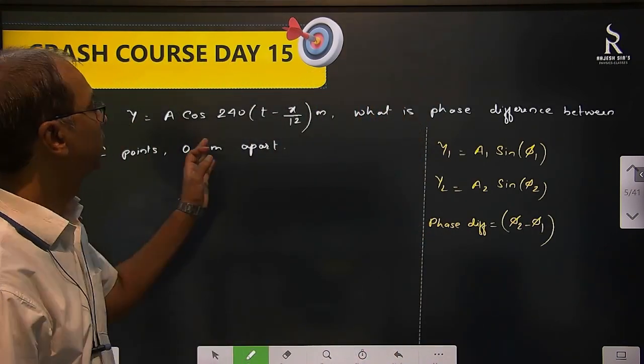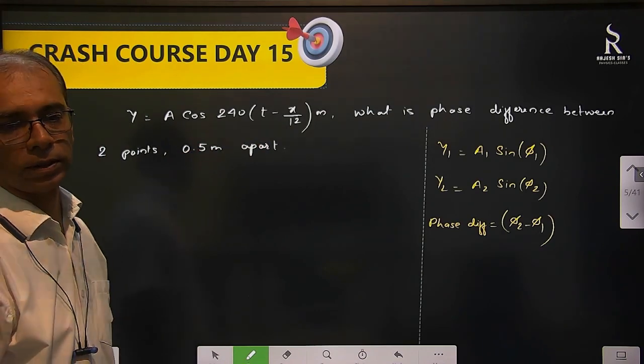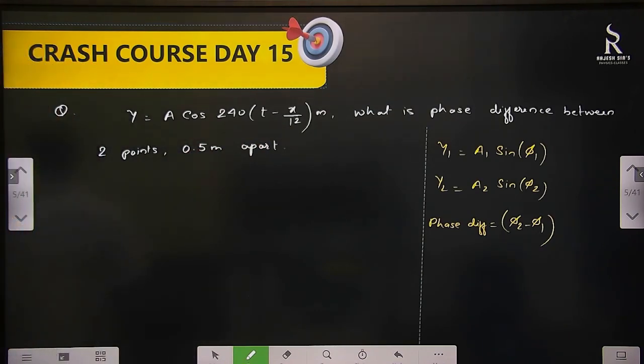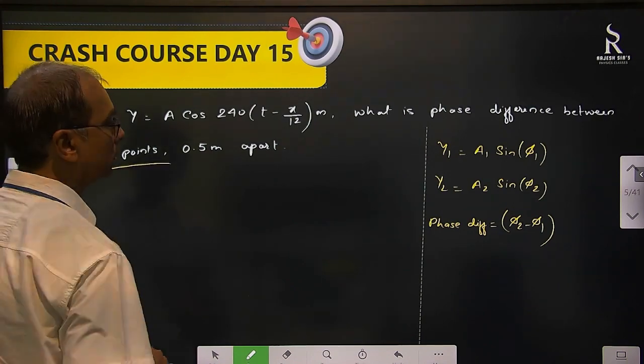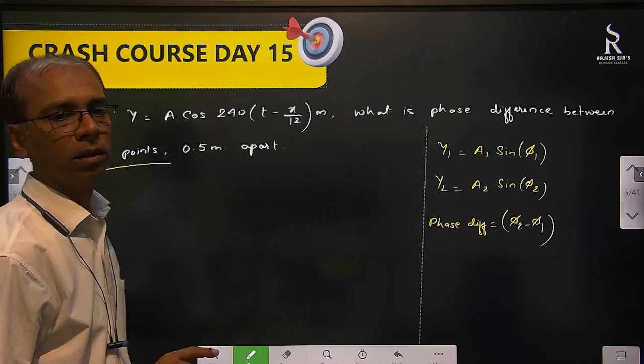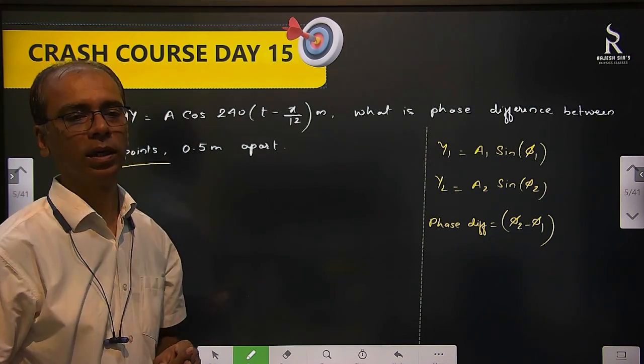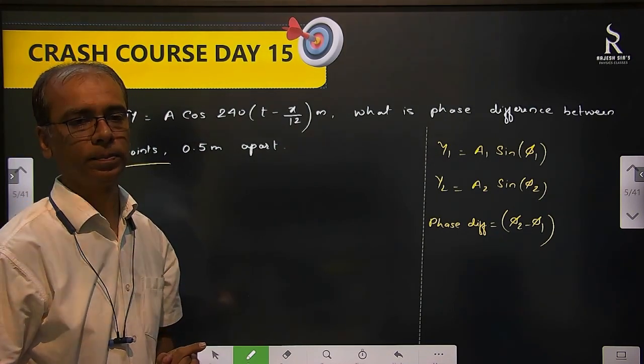But here they have shown us only a single wave. In that single wave itself, he is asking the phase difference between 2 points, and both those points are doing SHM only. So both the points are doing SHM. Now how to find the phase difference between the two? We all know that even the particles which are doing SHM also have phase.